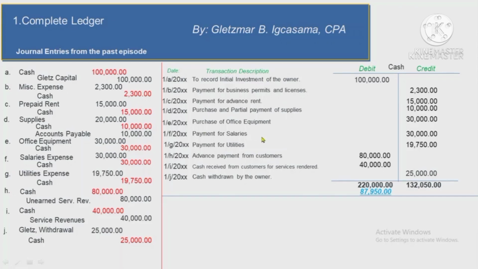Now, let's go to the last additional detail, which is the reference. The reference answers the question where the posted amounts can be verified in the journal. For example, this posting of 100,000 is related to this journal entry, right? So what page can this journal entry be found in the general journal book?